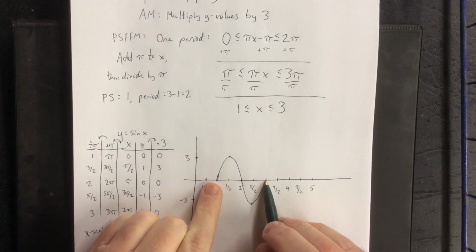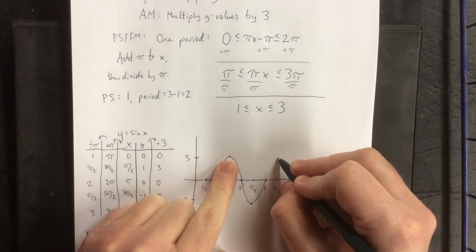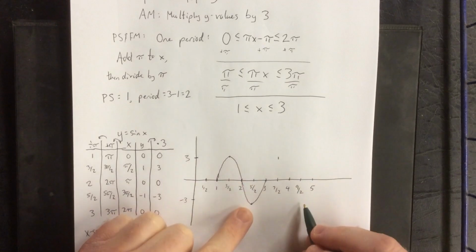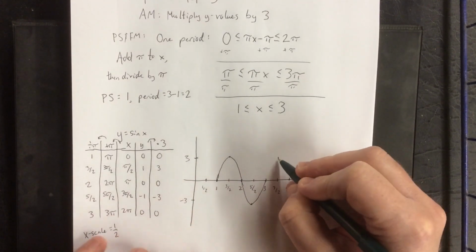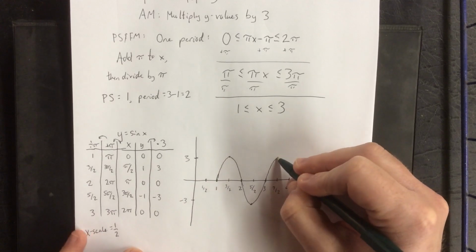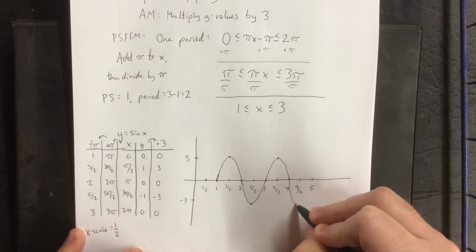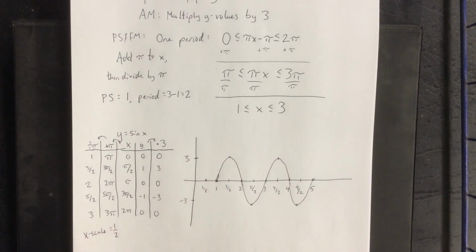If we were to go to the left, then we connect the midline up to a maximum, back to the midline, down to a minimum, and then back to the midline. And once again, we'll try to connect that smoothly and continuously, just like so. A couple arrows at the end so that we know that this pattern repeats itself.